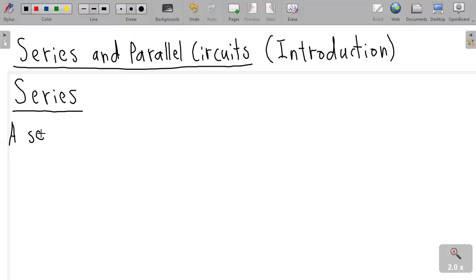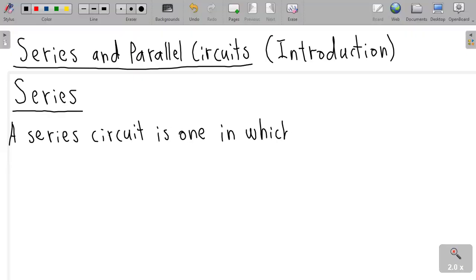So a series circuit is one in which there is only one pathway for the electric current.